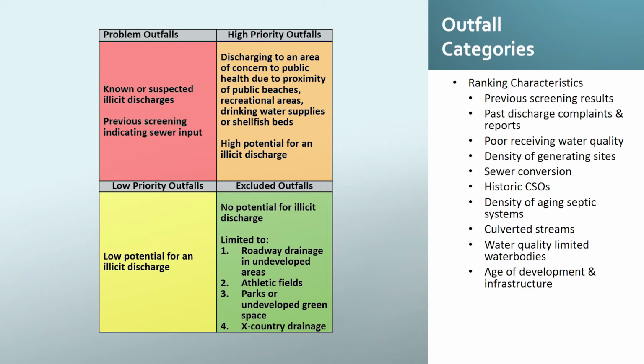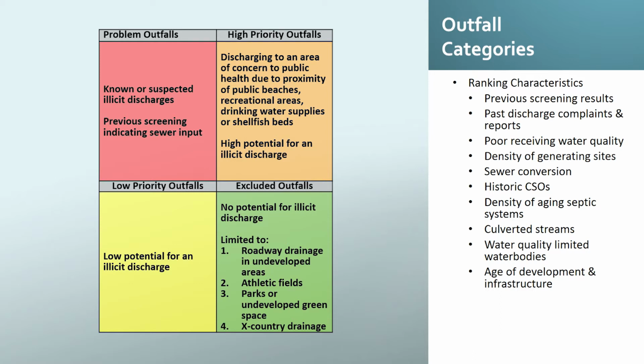And then high priority outfalls: the discharge is to an area of concern for public health, like a beach or a swimming area or drinking water supply. Or you've done your characteristic ranking and you know that these are high potential. There's a good chance that there could be an illicit discharge. And then your low priority outfalls, you've done your ranking and they just have a low potential for an illicit discharge.